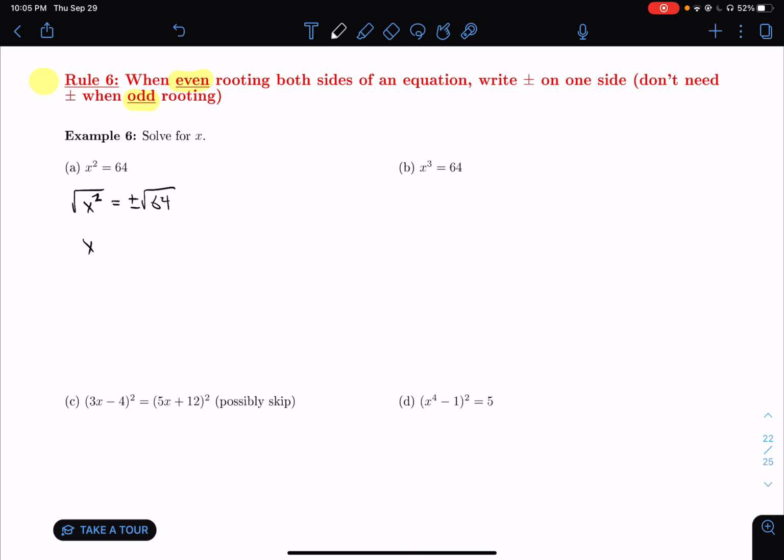On the right, square root of 64 is 8, and then I got that plus or minus. So x equals plus or minus 8. And so those are our answers. And if we were to take these and plug them back into the equation, they both work.